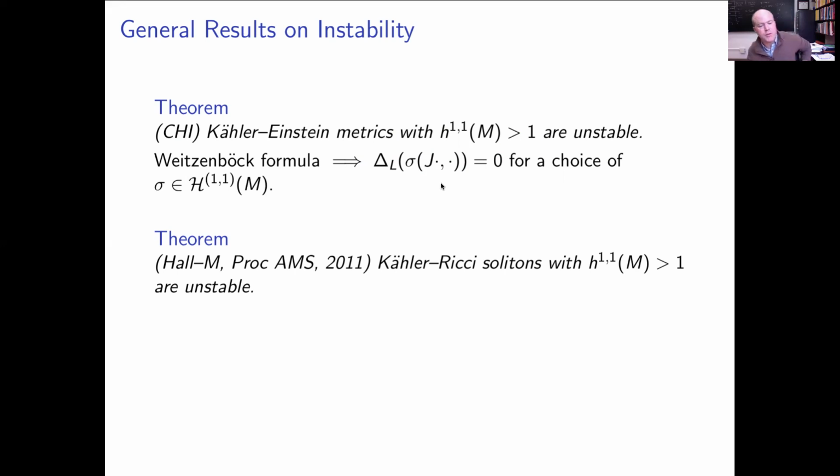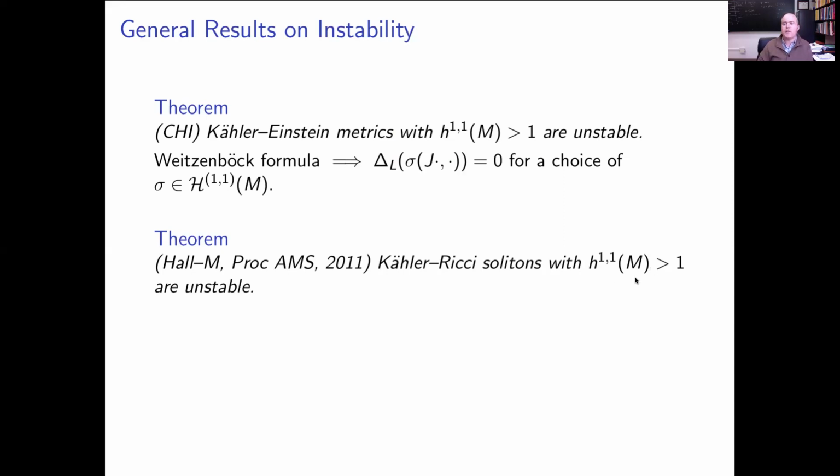So we came into this subject, myself and Stuart, in 2011, when we generalized this result to the class of Kähler-Ricci solitons. So Kähler-Ricci solitons satisfying this dimension assumption are unstable. I guess the significance of this result was that there was a conjecture of Hamilton that non-trivial Ricci solitons, so Ricci solitons which are not Einstein, are unstable, and every known closed example of a Ricci soliton at the time satisfies these constraints.